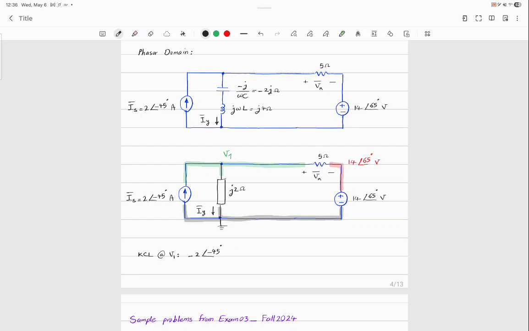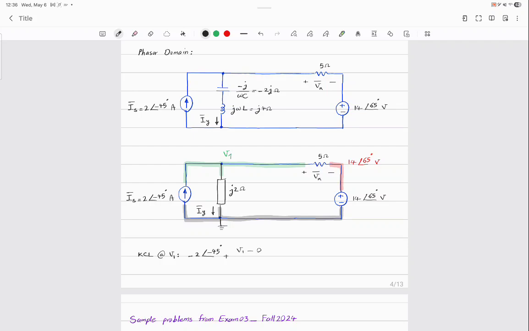Next. Plus I1. We don't prefer using Iy, if you remember. What did we do in writing nodal analysis or KCLs? Do you remember the red box? V1 over j2.